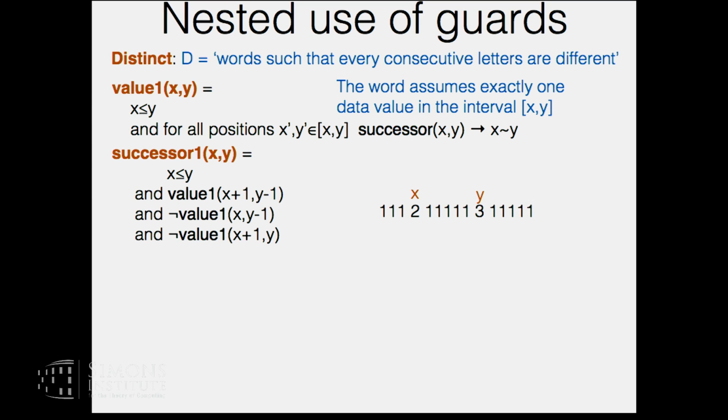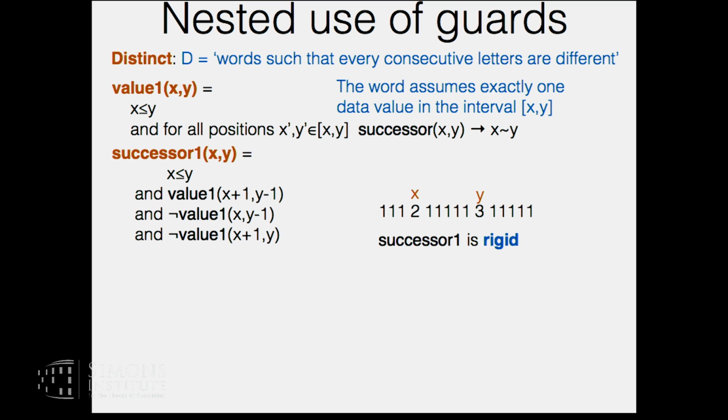X is before y. If I look at things that are in the interval without the endpoints, then it has only one value. But if I look from here to here, it has 2 values. And if I look from here to here, it has 2 values. So in some sense, it's a rigid way to jump to the next point, leaving in the interval something that has only one data value, right?